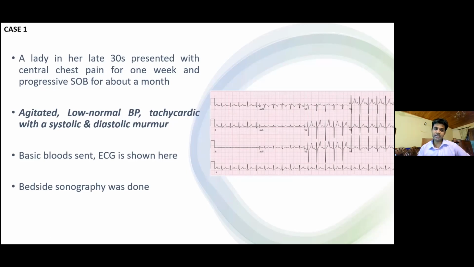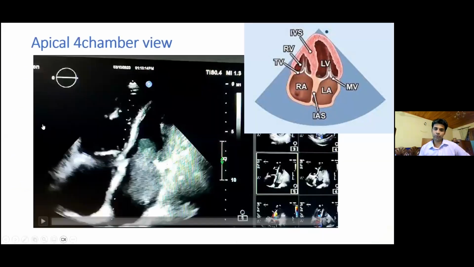Fortunately, since the ultrasonographic machine or the 2D echo was available, we did a bedside assessment. And this is what it showed. To make the interpretation easy, I have shown a diagrammatic illustration of what we are looking at. This is an inverted image of the heart where we see the ventricles on top and the atria at the bottom, with left and right orientation in the same way.